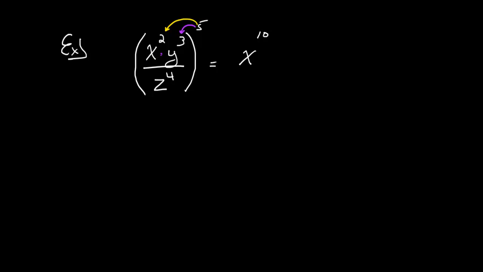This is the product rule portion of it. So that gives us 3 times 5, which gives us y to the 15th, all over, the 5 must be multiplied to the 4. So this will give us z to the 20th. So that's what happens when we are multiplying multiple bases and dividing them simultaneously, all raised to an exponent.